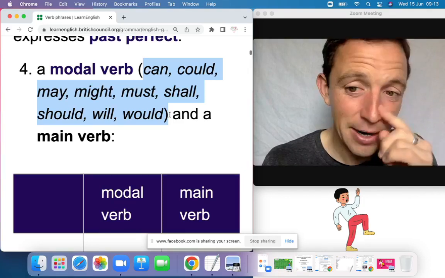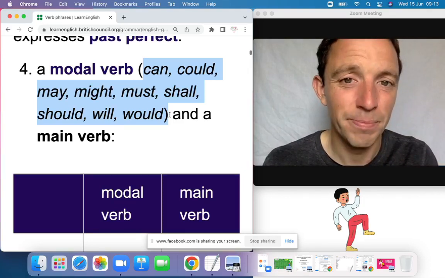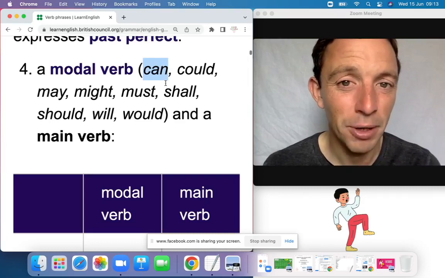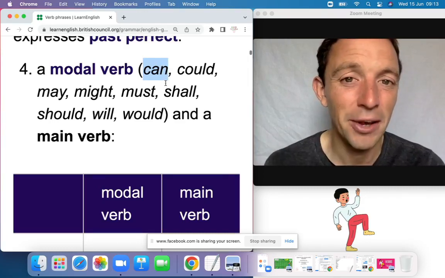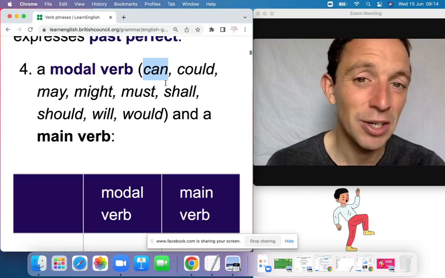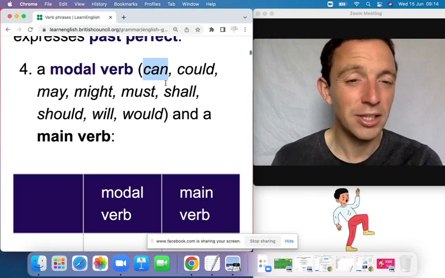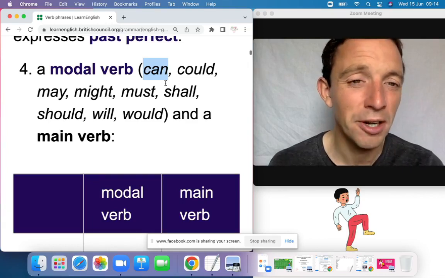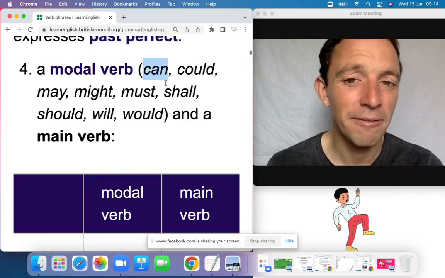These are modal verbs. Can is typical for ability and permission. I can play the piano, it's my ability. I can go to the cinema, I have the permission. So typically for ability and for permission, we use the modal verb can.